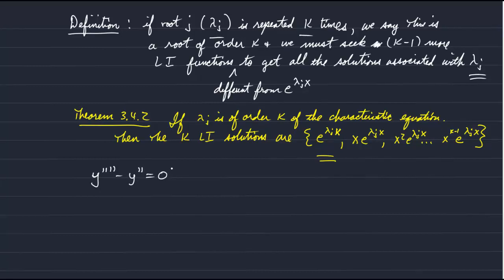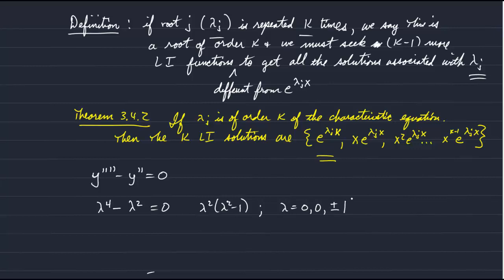So here's a fourth order ODE, and the characteristic equation here is lambda to the fourth minus lambda squared is equal to 0. And that can be written as lambda squared times lambda squared minus 1. And that gives the roots lambda is equal to 0 and 0, and plus and minus 1.